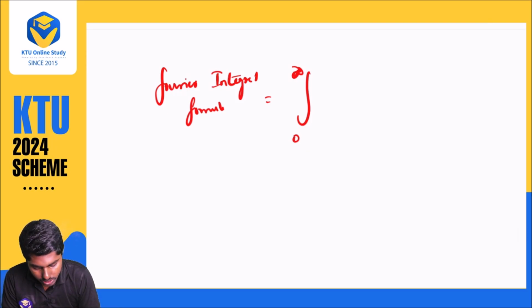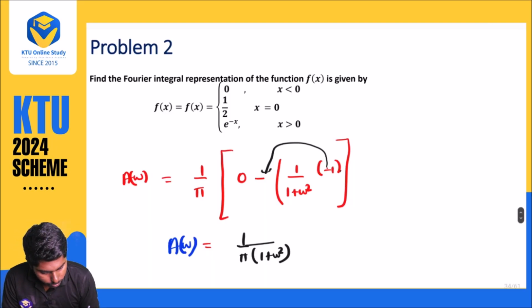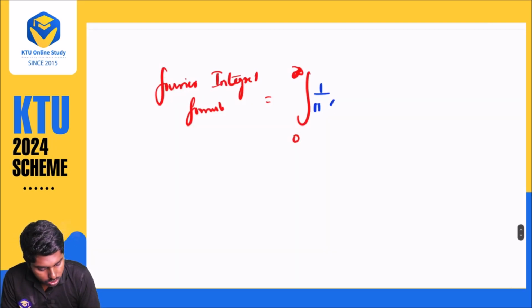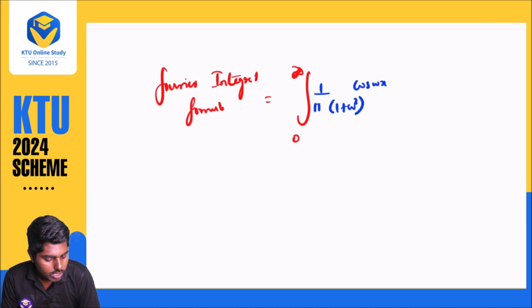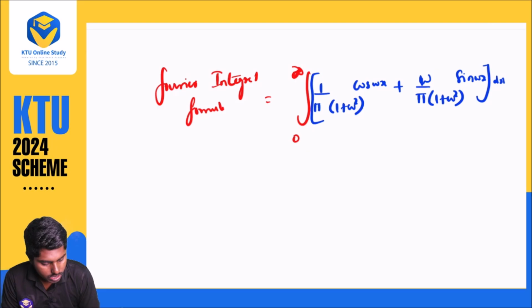A omega is 1 divided by pi into 1 plus omega square, into cos omega x, plus b omega, which is 1 divided by pi into omega into 1 plus omega square, into sin omega x dx. So this is our required answer.